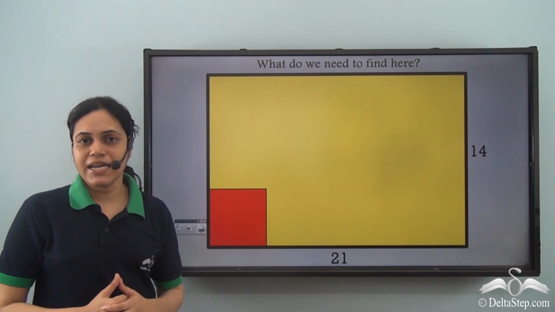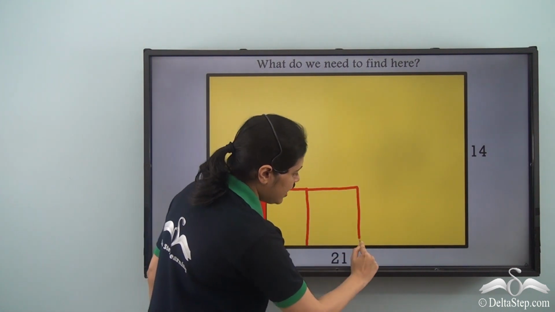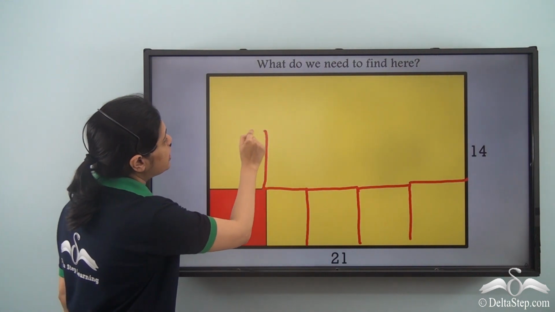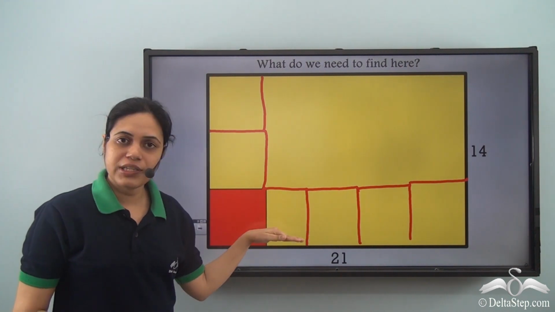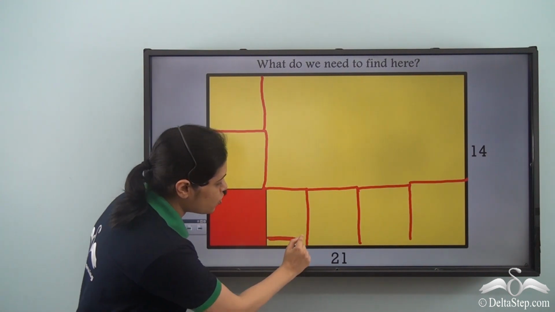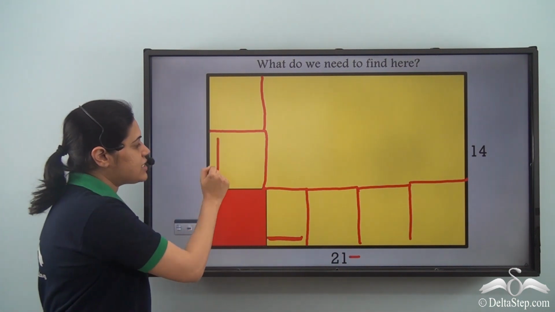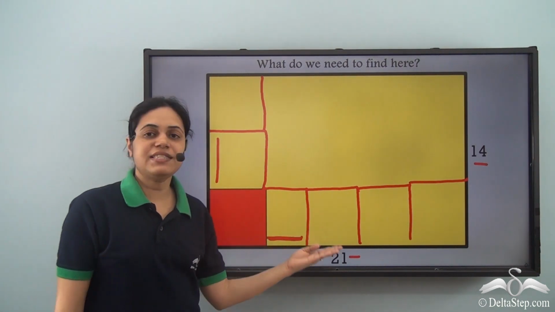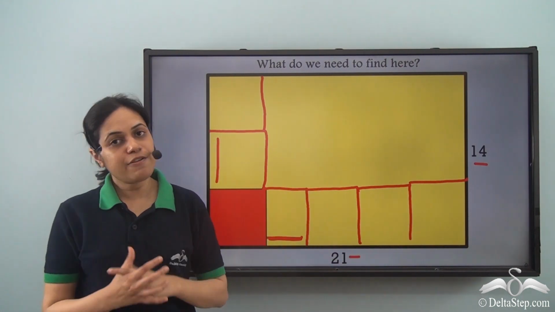So suppose I take tiles like this, I need to cover the floor along the length and also along the breadth. So the floor should be covered along the length as well as along the breadth, which means that the side of the square should divide 21. Also, the side should divide 14, because only if it exactly divides 21 and 14 will it cover the entire floor.